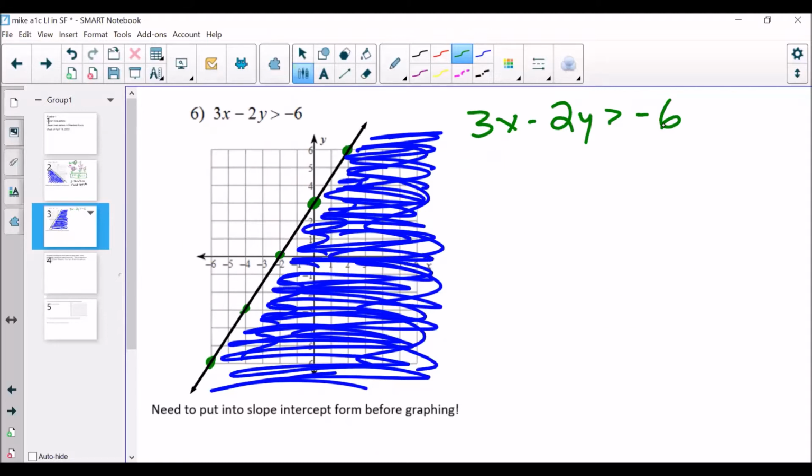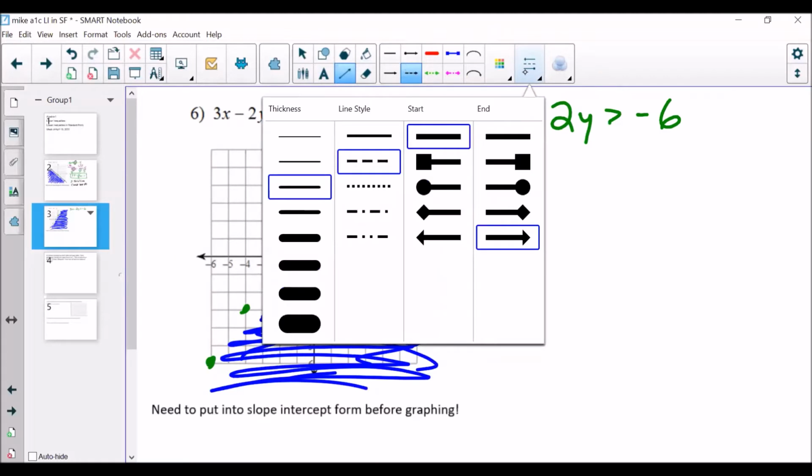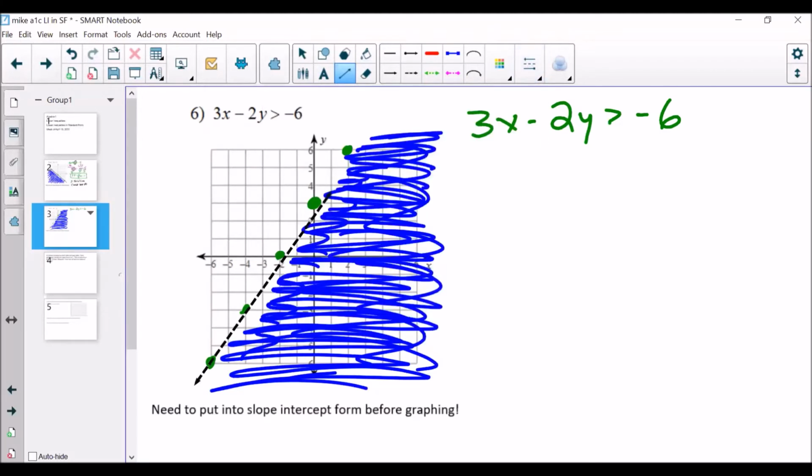I'm going to start off by error analyzing myself here, by realizing that that arrow does not have a line underneath it. So we've got to make sure we put a dotted line here on our graph. That's a little bit better there.